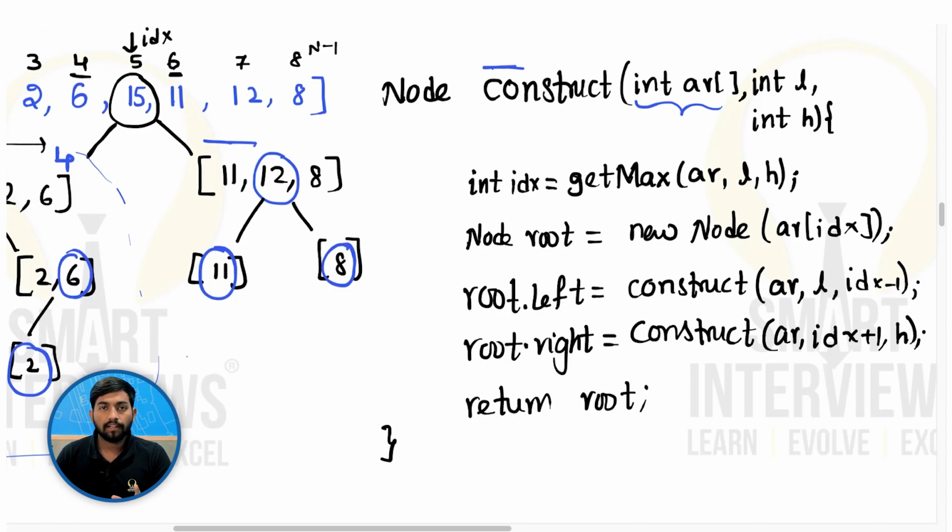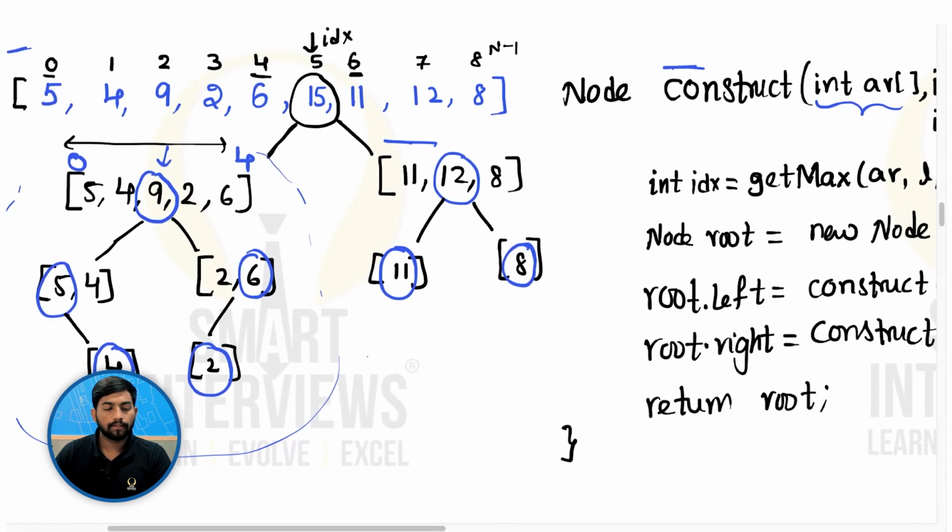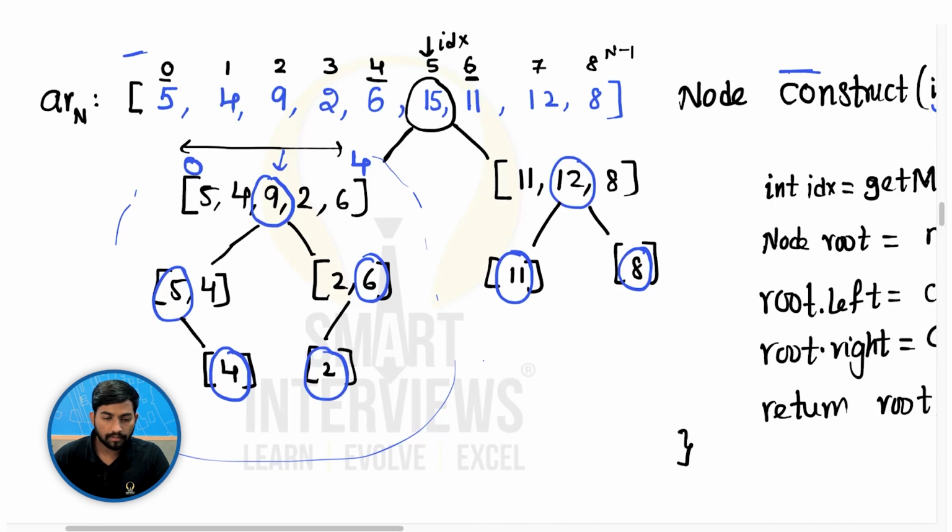Now, one thing is missing, base condition. Where do we stop? If you observe this, the array here is from 0 to 4. Here it is from 6 to 8. Here it is from 0 to 1, 3 to 4, 6 to 6, 8 to 8, 1 to 1, 3 to 3.